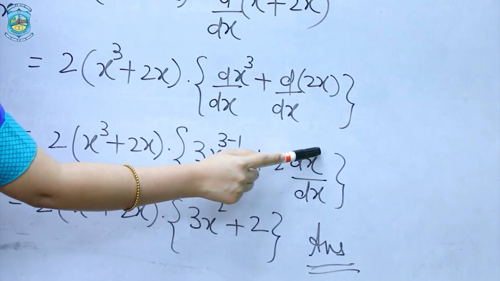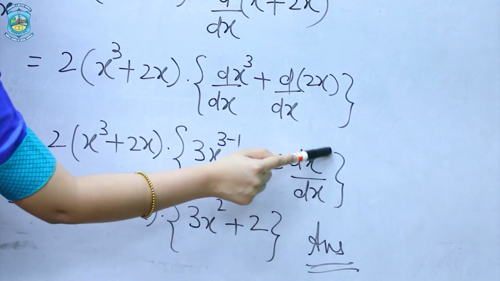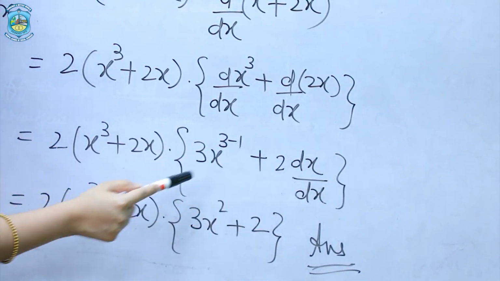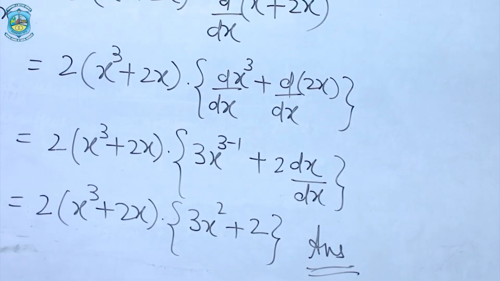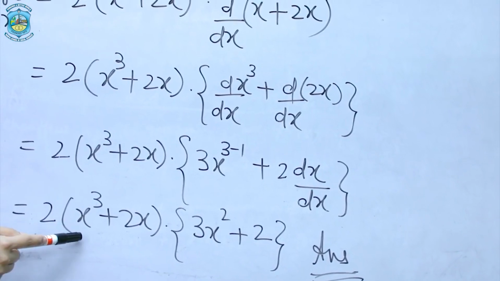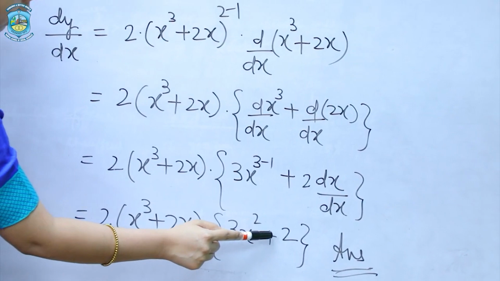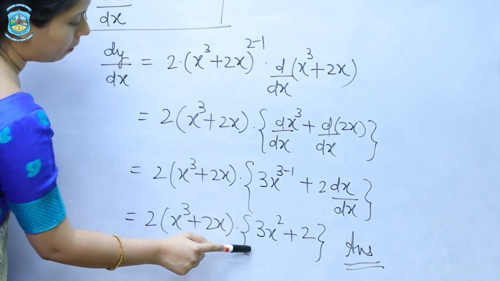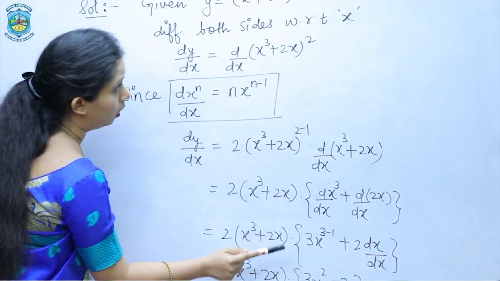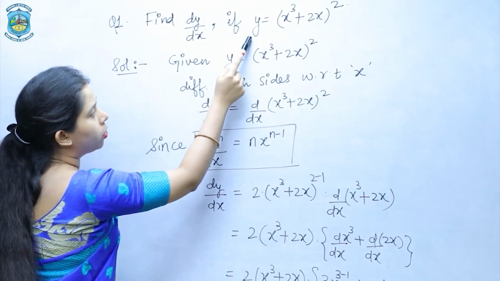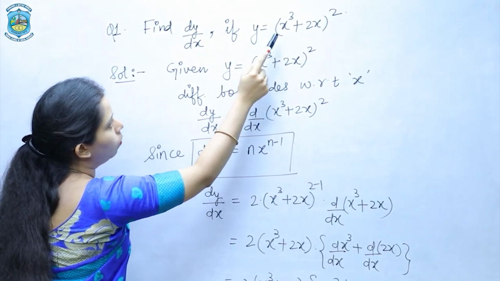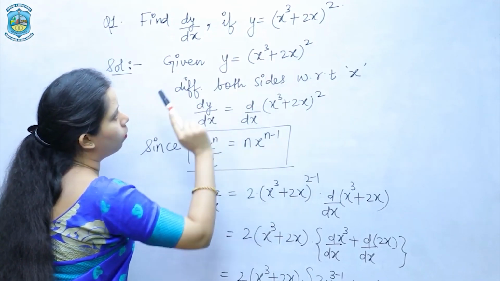So differentiating x with respect to x will give you 1. Here we will get 1. So the final value of dy by dx is 2 into (x cube plus 2x) multiplied by (3x square plus 2). So this is the value of the derivative of the function when the original function was y equal to (x cube plus 2x) whole square.